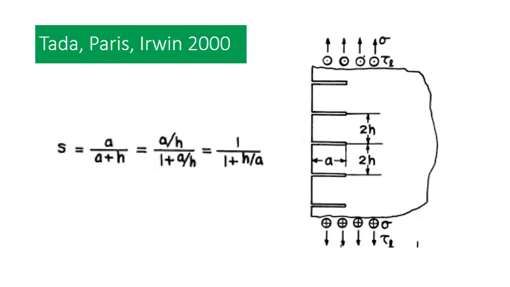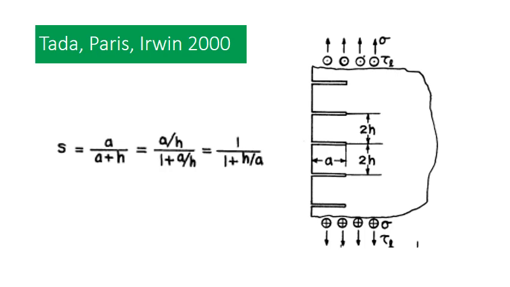So if I look at Patterson Irwin from the 2003 edition, if I dig through their compendium, I find this very, very interesting stress intensity factor solution for a periodic edge crack array in a semi-infinite solid. Here you can see on the right that there's a schematic showing multiple parallel cracks of depth A, and there's a spacing between them of 2h.